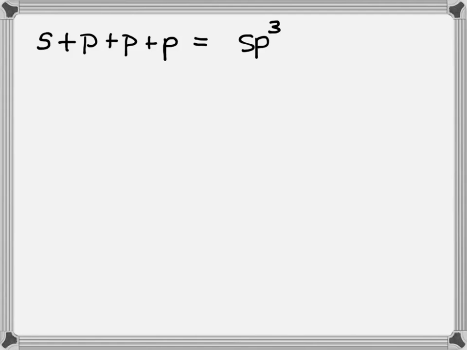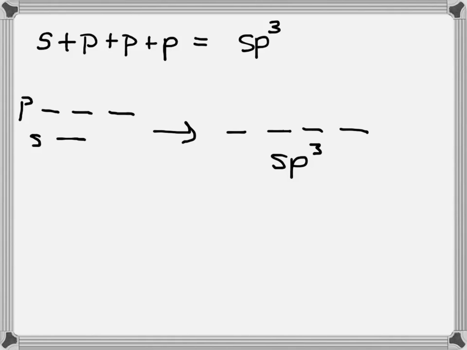So this was taking s and 3 p orbitals, there's the s and the p, and hybridizing those, we get 1, 2, 3, 4 sp3 hybrid orbitals. We okay on that?